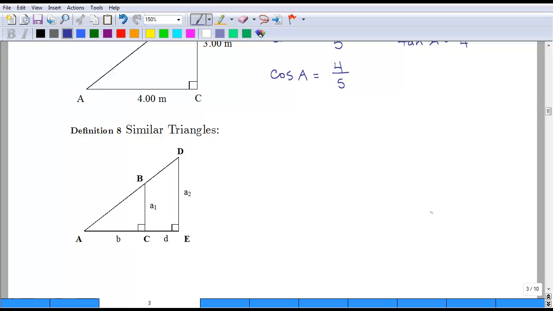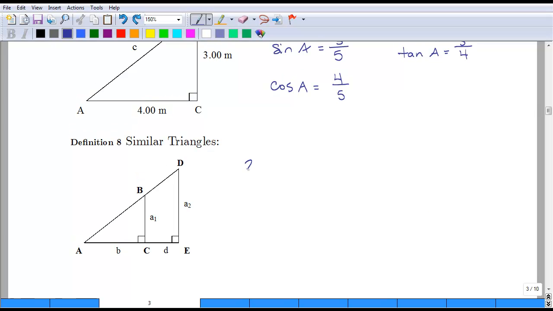So just to give you a definition of what a similar triangle is, similar triangles are two triangles whose corresponding sides are proportional.